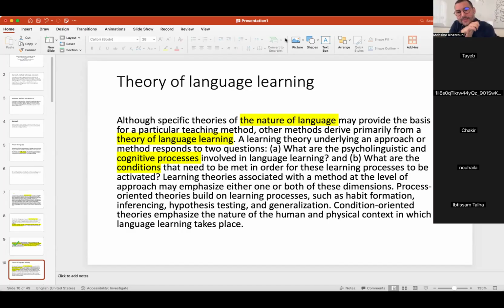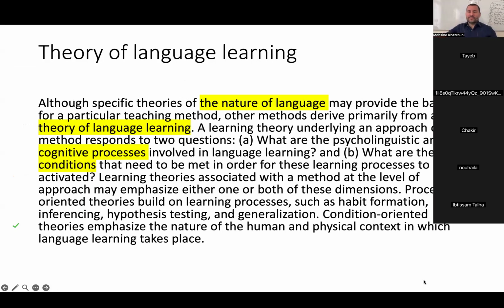Let's read together. Although specific theories of the nature of language may provide the basis for a particular teaching method, other methods derive primarily from a theory of language learning, a learning theory underlying an approach or method. A learning theory responds to two questions.